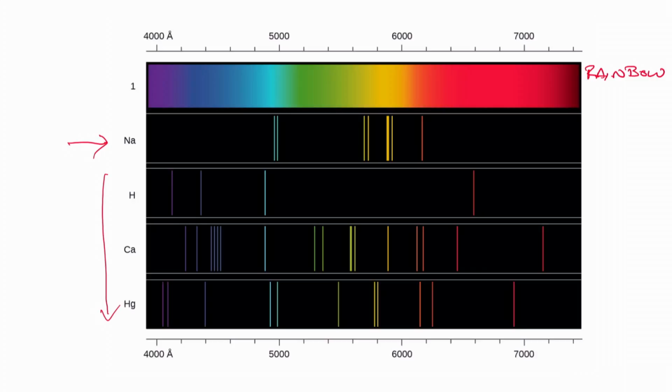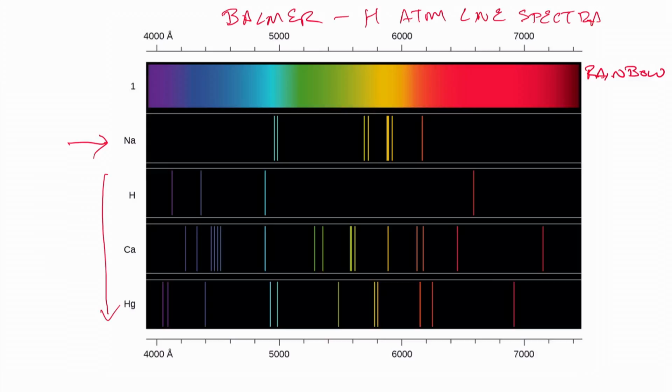Okay, and so a person named Joseph Balmer came up with an equation that was able to predict the positions of the lines for hydrogen. He worked on hydrogen atom line spectra, and this was done in the late 1800s.